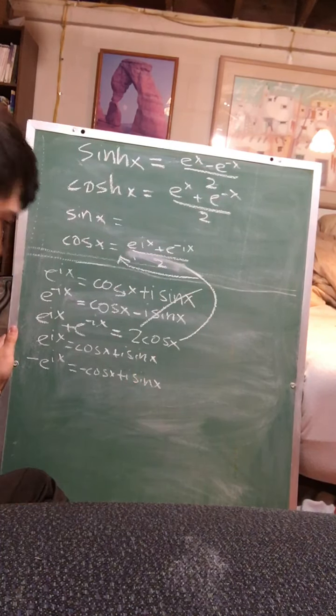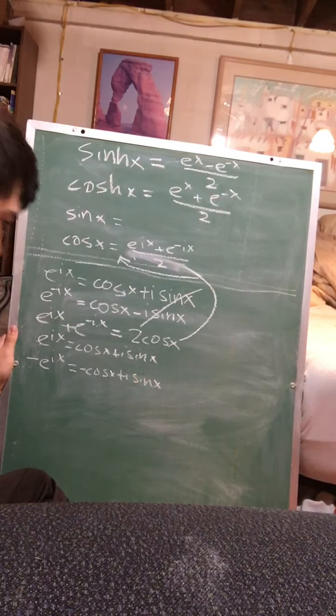That's what we have. And now we can derive from this 2i sine x. We're going to add these two. These die. We're going to get e to the ix minus e to the negative ix equals 2i sine of x.